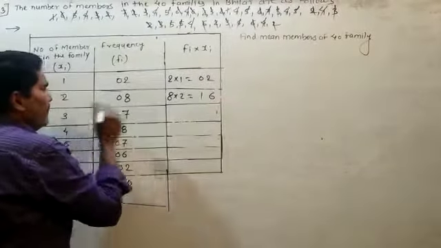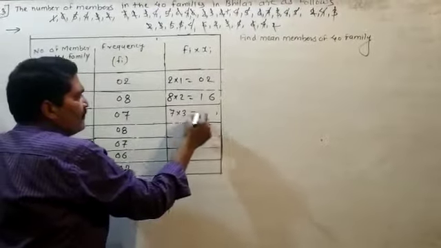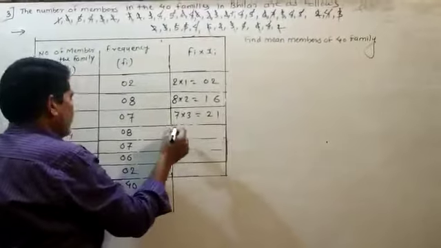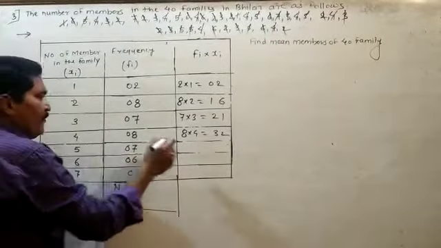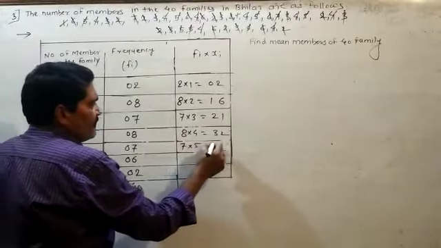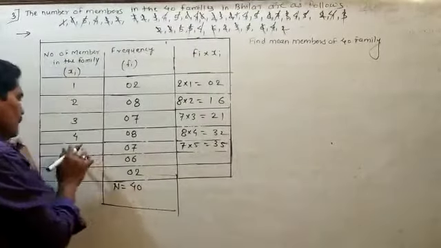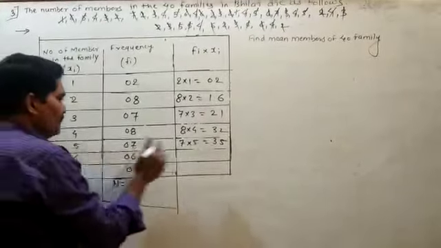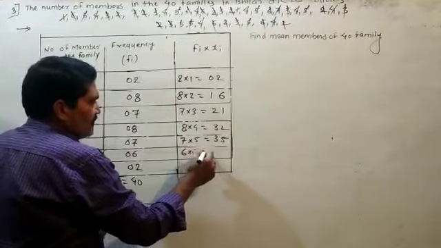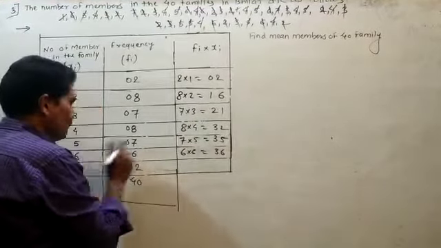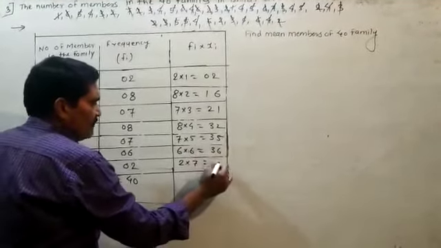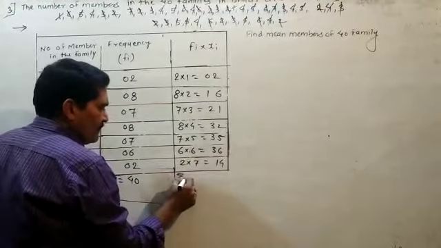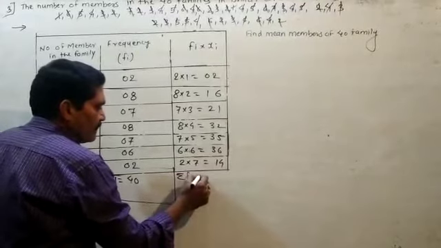Then 7 into 3 is equal to 21. Then 8 into 4 is 32. 7 into 5 is equal to 35. Then 6 into 6 is equal to 36, and 2 into 7 is equal to 14.